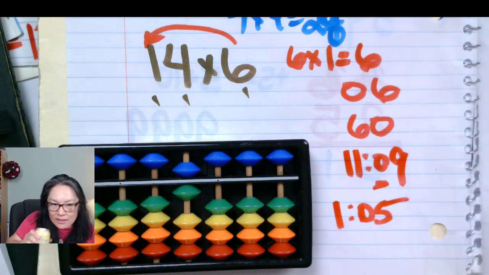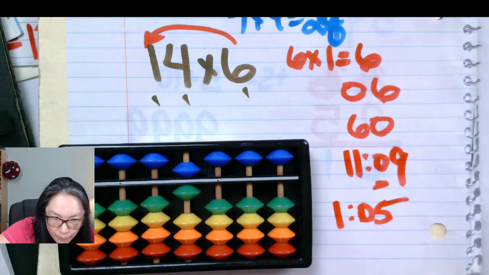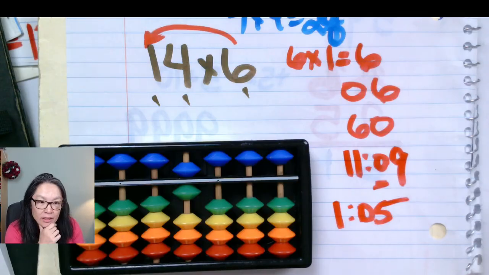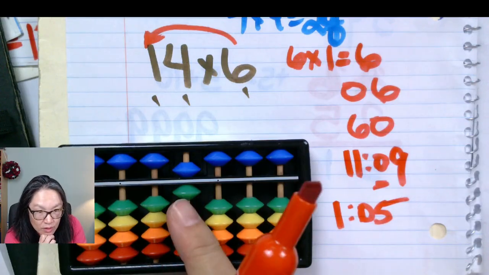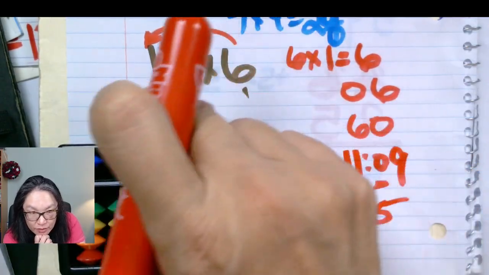Why 6 on the 10th row? The reason is because we started here. We counted our digits 1, 2, 3.